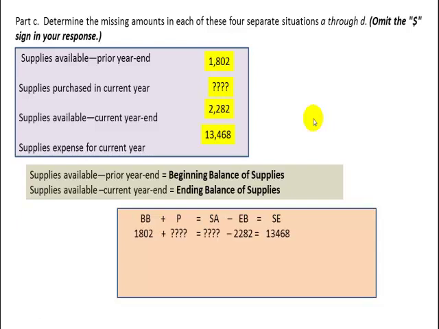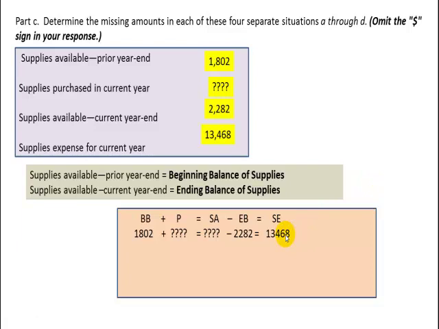We plug in what we know, and in this case we start with the beginning balance of 1802. We don't know how much we purchased, so we can't come up with the supplies that were available during this accounting period. But we can subtract off the ending balance of supplies of 2282 to come up with the supplies expense of 13,468.